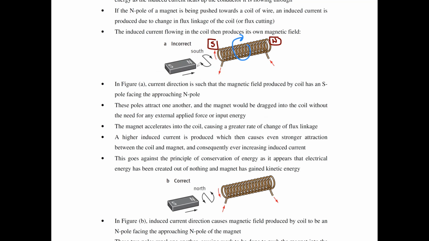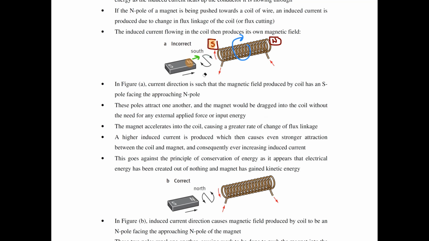So let's consider this then. Your magnet has an N pole here, and your magnetic field produced by a solenoid is an S pole here. So what is the nature of the force between those two poles? You would say that the nature of the force is actually attractive, isn't it?